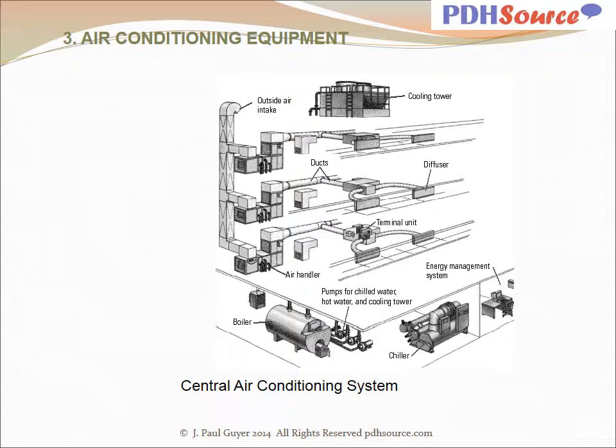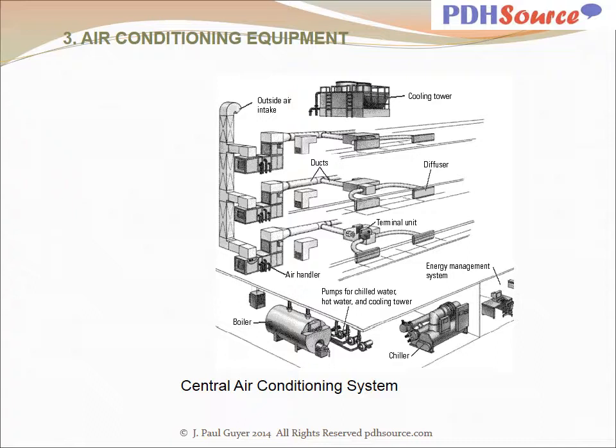In other words, the hot refrigerant is pushed into the coil in the condenser, and it is cooled by outside air being blown across the hot refrigerant coil. But instead of cooling the refrigerant coil using outside air, you could also use cool water, or cooling water.